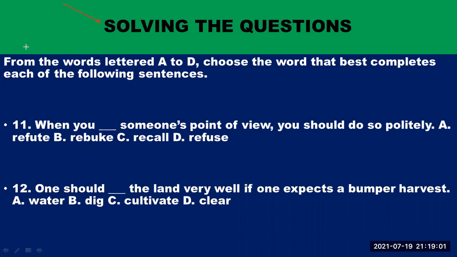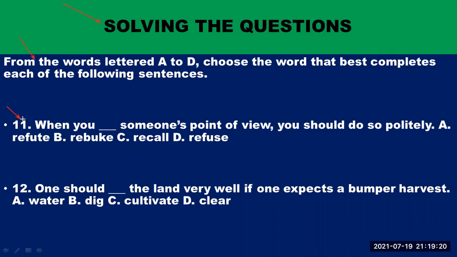From the words lettered A to D, choose the word that best completes each of the following sentences. Question 11. When you dash someone's point of view, you should do so politely.